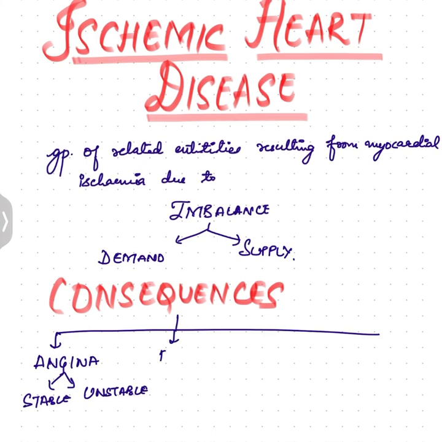Or number 2, there may be MI, जो हम डिटेल में अभी पढ़ेंगे, or there may be chronic IHD, chronic ischemic heart disease, or there may be sudden cardiac death. So these are the 4 consequences जो आपके ischemic heart disease की वजह से होते हैं.